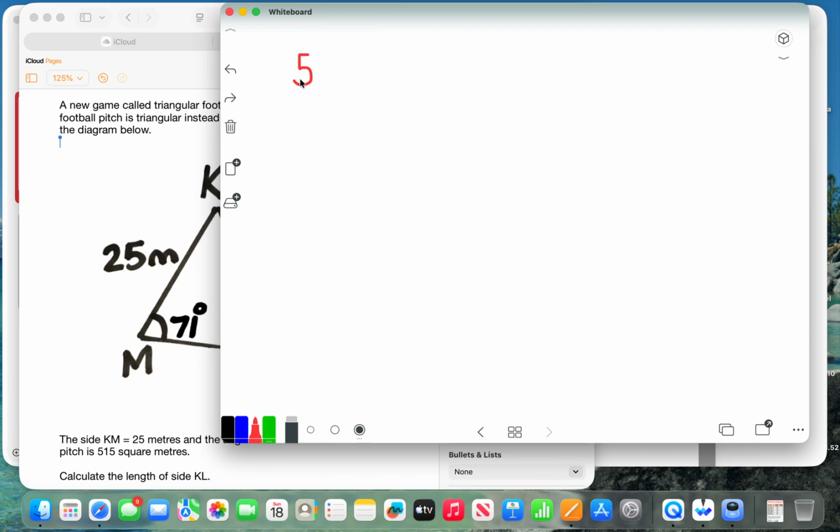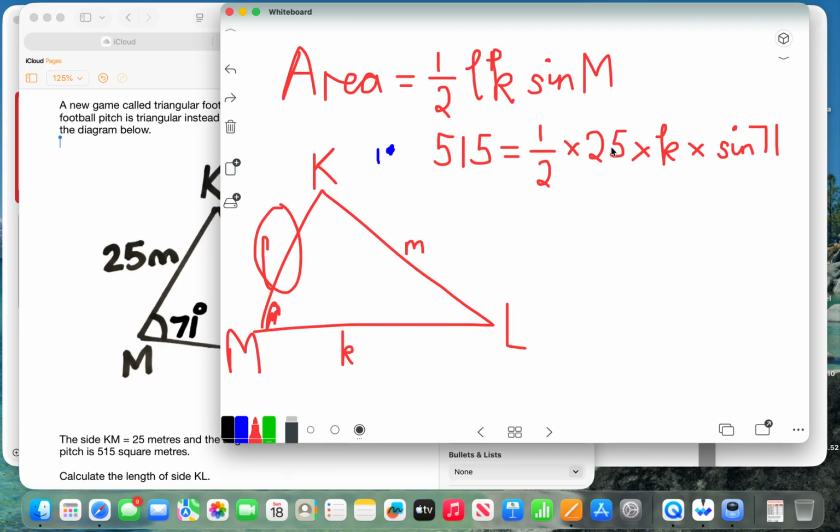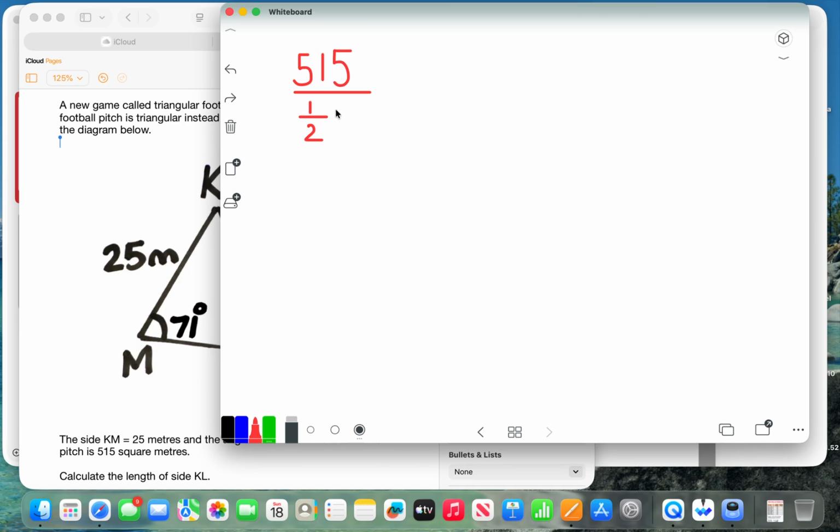Let's divide by a half. But you can also see that the 25 is being multiplied on the left hand side. So if we then divide both sides by the 25, we can cancel it out. So we want to divide both sides by 1/2 and by 25.